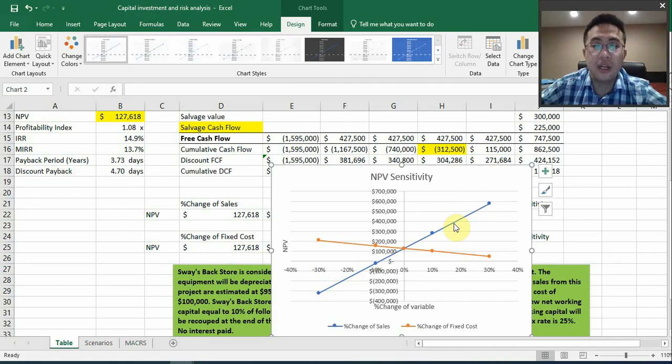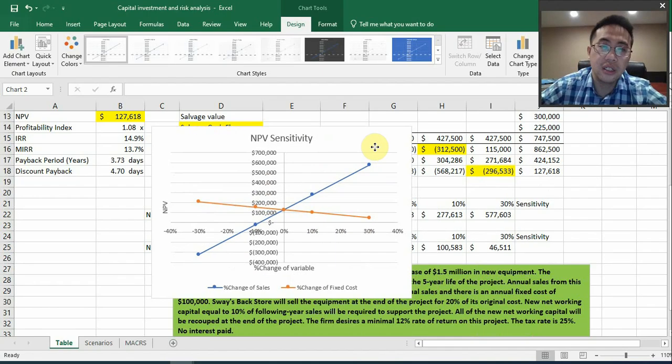The blue line is the change of the sales. It's steeper, so for the same amount of change in X, the Y value is going to change by more. The change of fixed cost is this orange line.